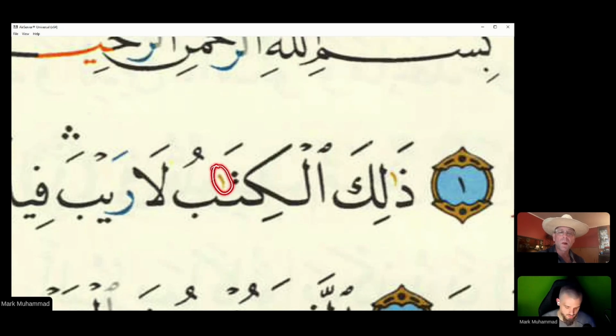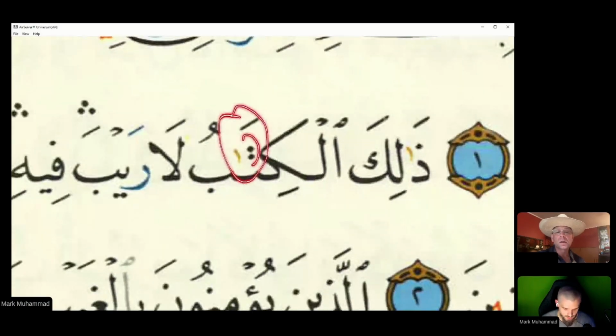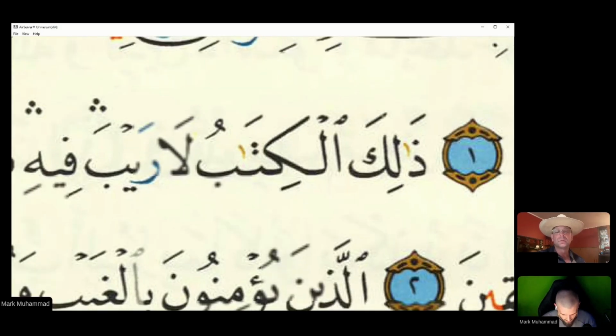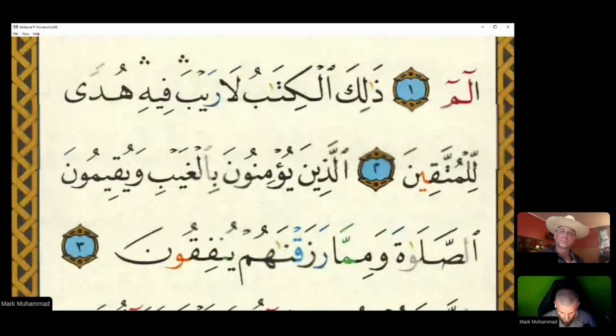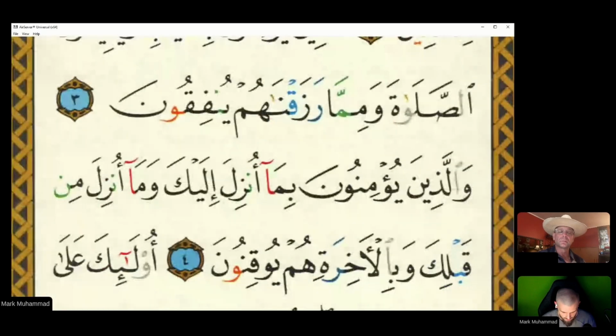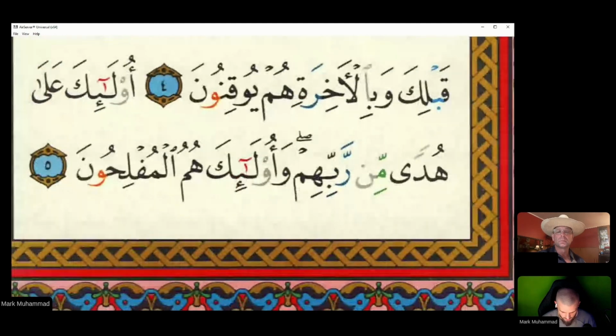Sometimes, this would have been a perfect example because it's a ta followed by an alif. This ta is written like this instead of with the two dots next to each other. That's just because the calligrapher decided to make it look nice. So see if we can find an example. If not, we can just make some examples.